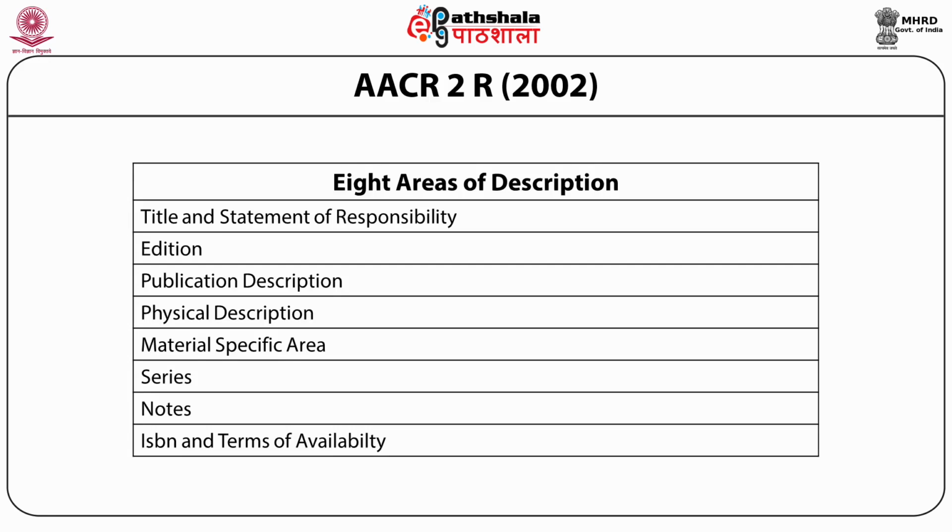These 8 areas are: firstly, title and statement of responsibility; secondly, edition; thirdly, publication description; fourthly, physical description; fifthly, material specific areas; next is the series, then the notes section, and last in the 8th area of description is the ISBN and terms of availability. ISBN is basically the International Standard Book Number attributed to a particular publication.